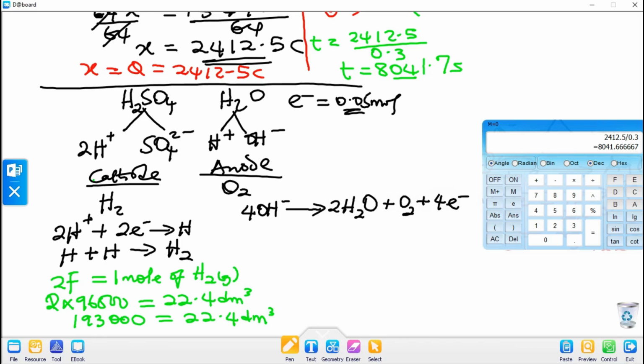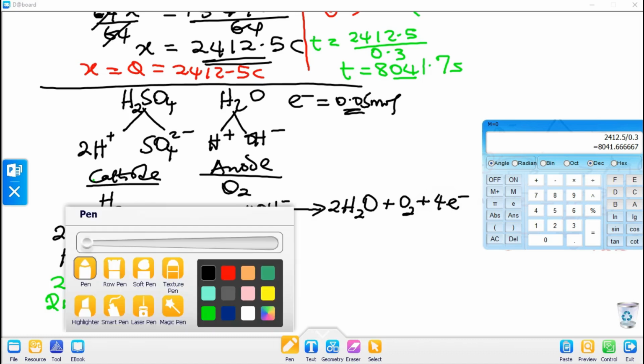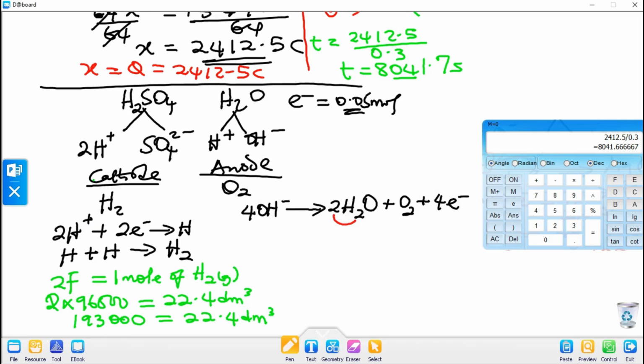What this simply implies is that 4 moles of electrons has led to the liberation of 1 mole of oxygen gas. If you look at the equation, it is balanced because we have 4 hydrogens at the left hand side, and at the right hand side also we have 2 oxygen plus another 2 oxygen. That is 4 oxygens. And at the left hand side too we have 4 oxygens, as you can see here. So this 4 is for both hydrogen and oxygen. So the equation is balanced.